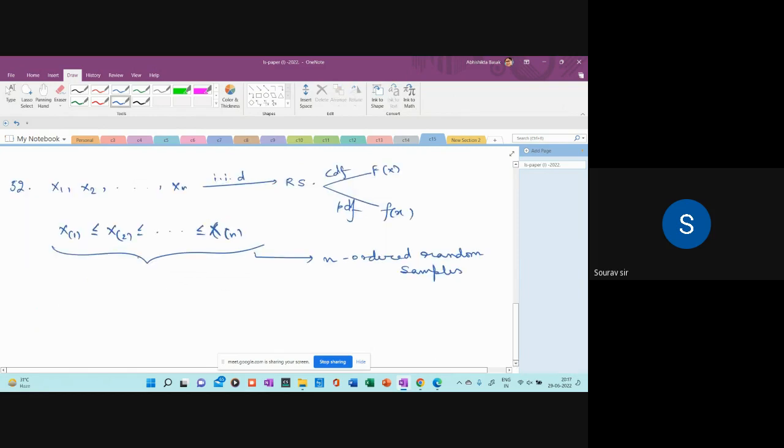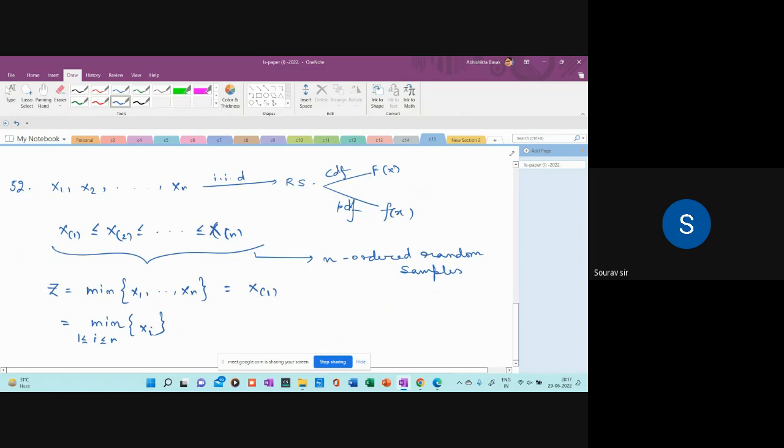In these ordered random samples, I define Z to be the minimum of X1, X2, ..., Xn. That is basically X_(1), and another notation for this is the minimum over i of Xi.